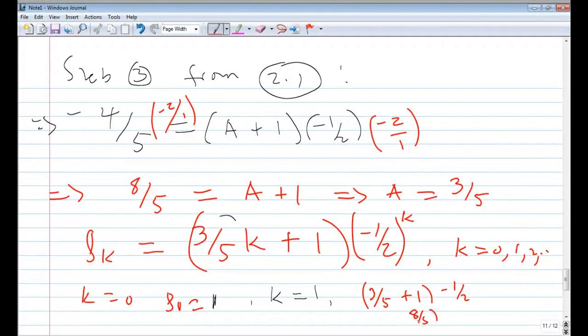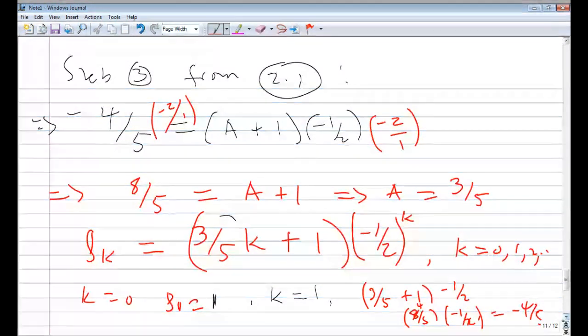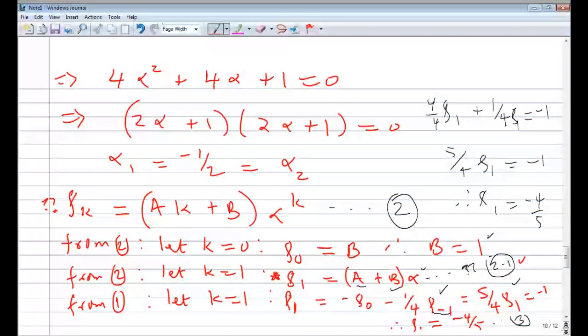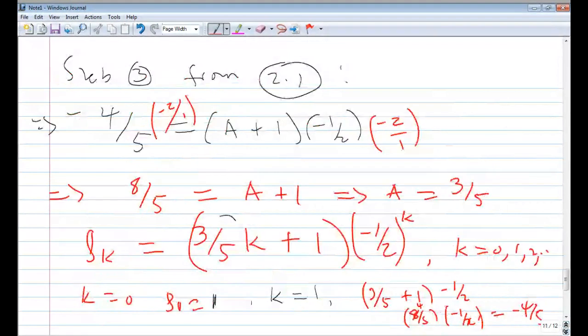Then multiply by minus half. So this cancels, and this one is 4. So the answer is minus 4 over 5. Is it true? Row 1, is it minus 4 over 5? Yes, it's minus 4 over 5. So you see now, it's working. So let's stop here. Our time is gone.